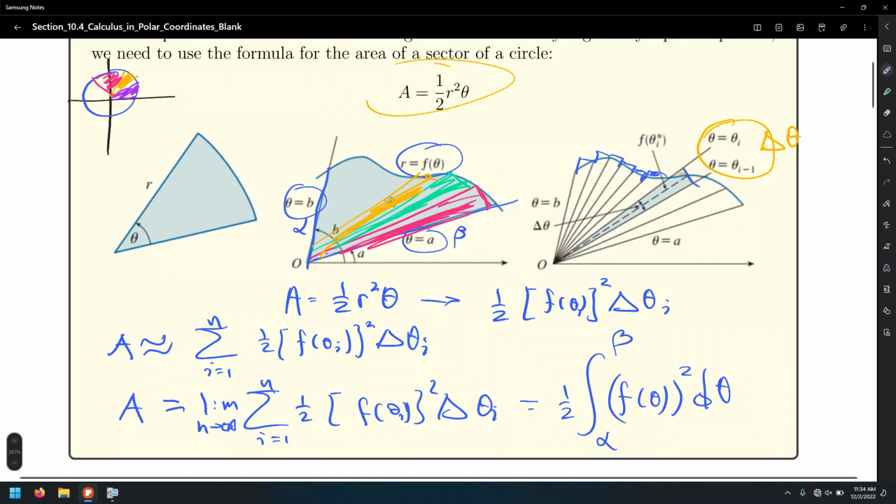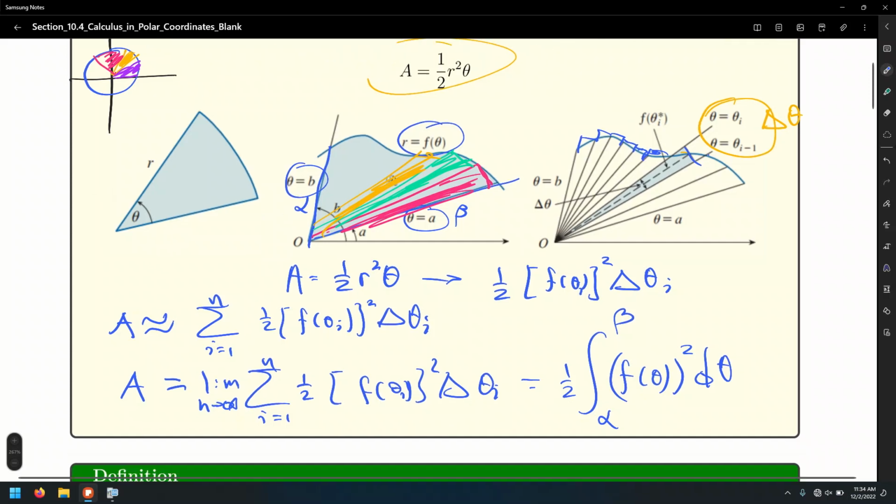So that's how we construct the formula for finding the area under a curve described in the polar world. Essentially the same idea as in the rectangular, but instead of relying on finding areas of rectangles, we're relying on finding areas of circular sectors, right?